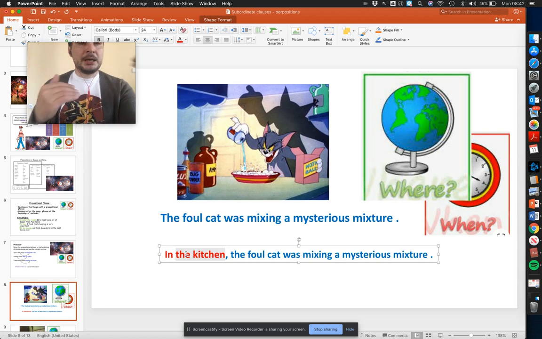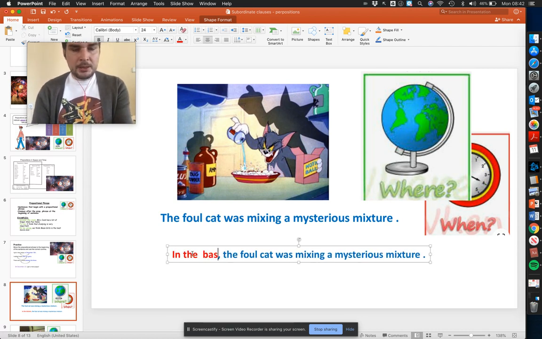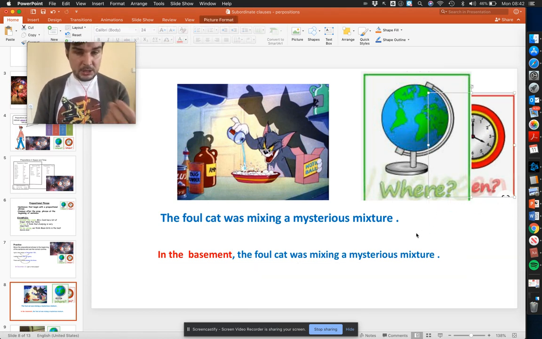Obviously, you could add an adjective: in the dark kitchen, in the cramped kitchen, entirely up to you. But I just wanted a phrase at the beginning to tell me where things take place. It's kind of dark, so maybe in the basement, the foul cat was mixing a mysterious mixture.